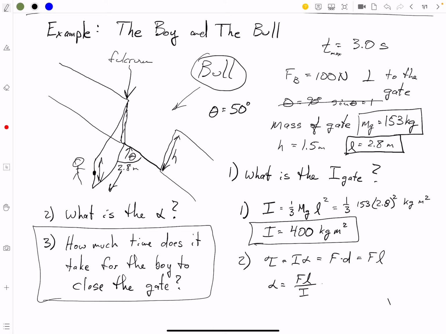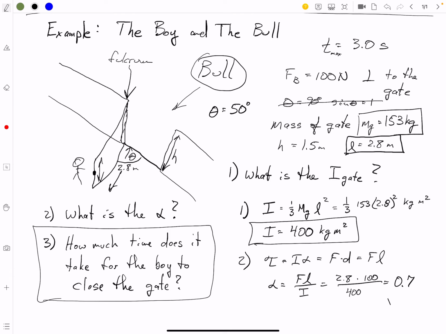We're going to get alpha here in a second. Oh boy, what do we got? He can apply 100 and it's 2.8. So 2.8 meters times 100 over I, and I is 400. So 2.8 times 100, that's 2,800. And we're going to divide that by 4. Plug that in, and we get 0.7.